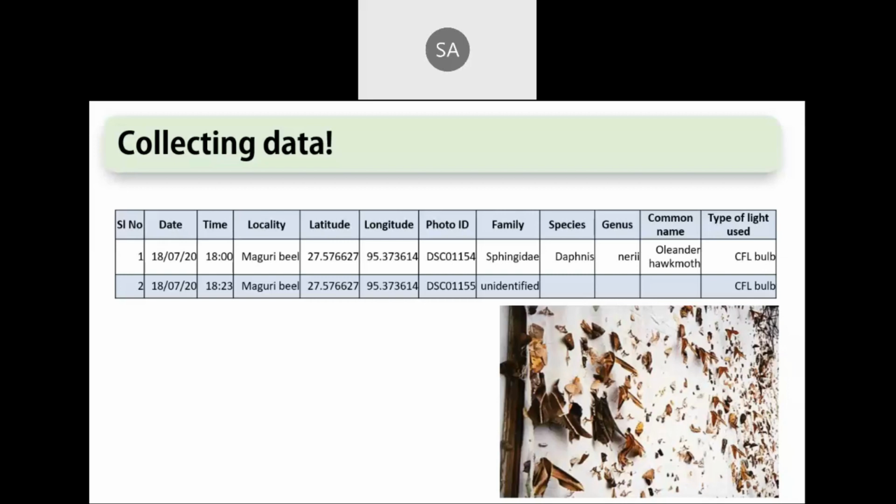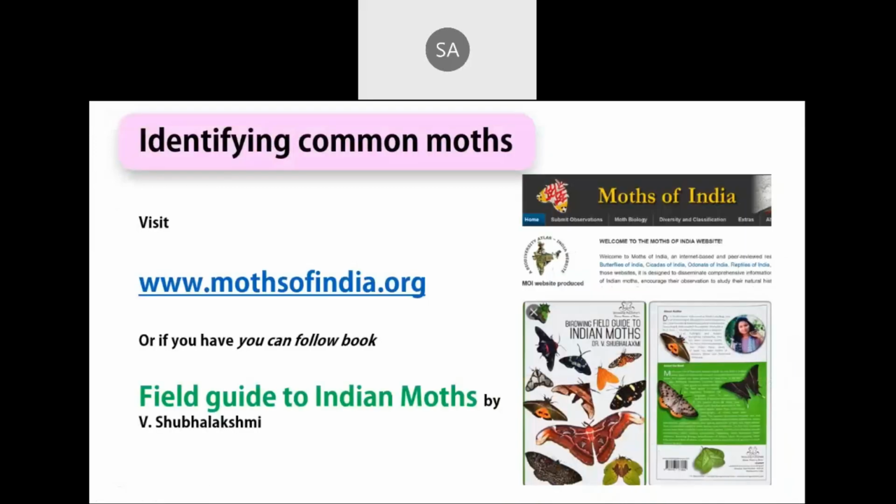And when I try to identify, I will fill up the moth ID here, DSC 01154. This will be replaced as A species, B species when identification is complete. This way we can curate our data. Then family, we have put species, genus, common name, type of light used. This way we collect data from different locations. Next slide.